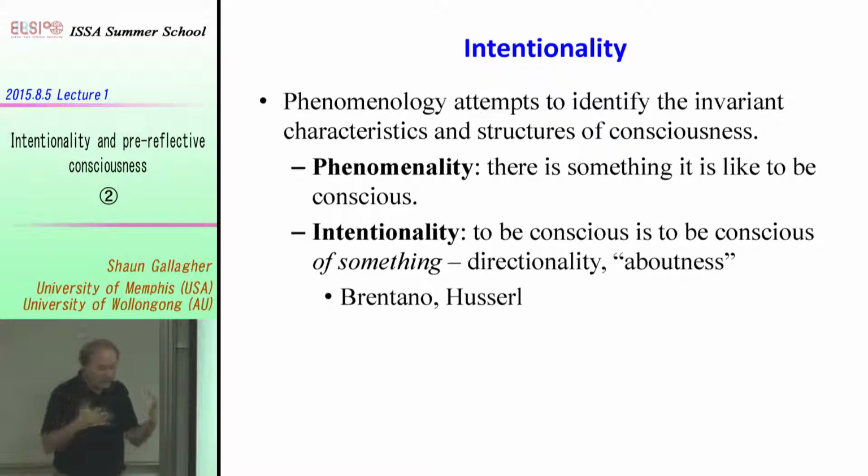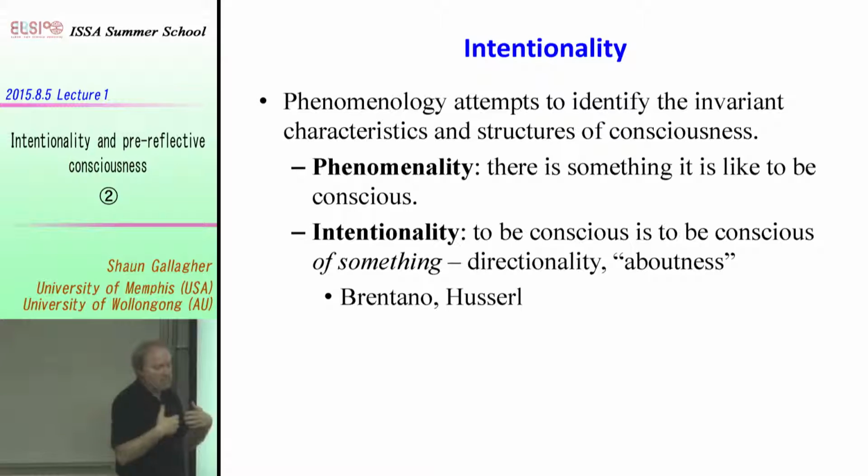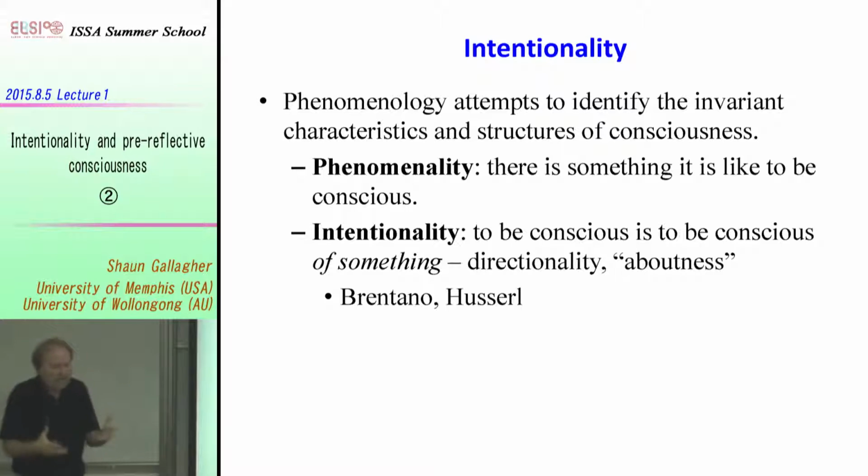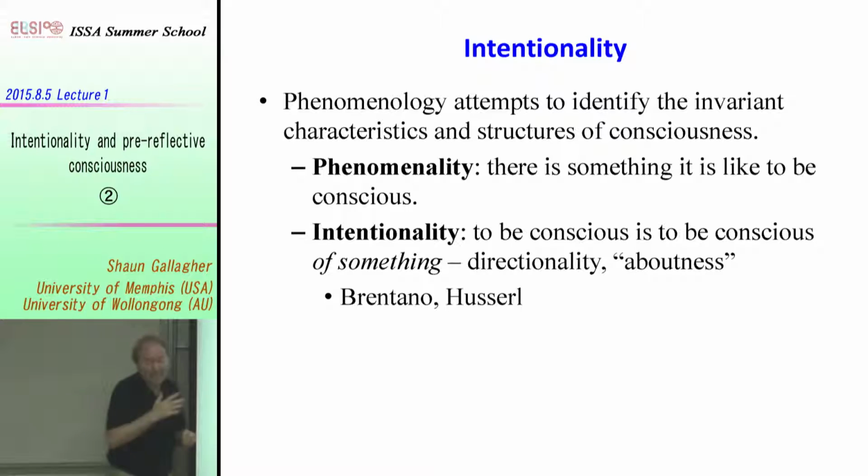It's about the directionality of consciousness, or the aboutness. What am I conscious of? When I believe something, what am I believing about? What is this thing? This notion of intentionality has a long history. Actually, you can trace it back through Aristotle to Empedocles.